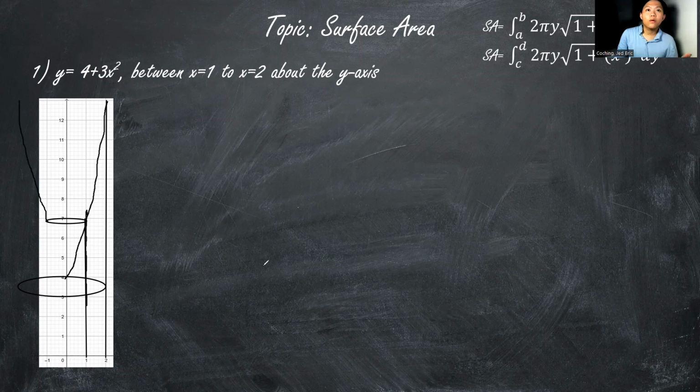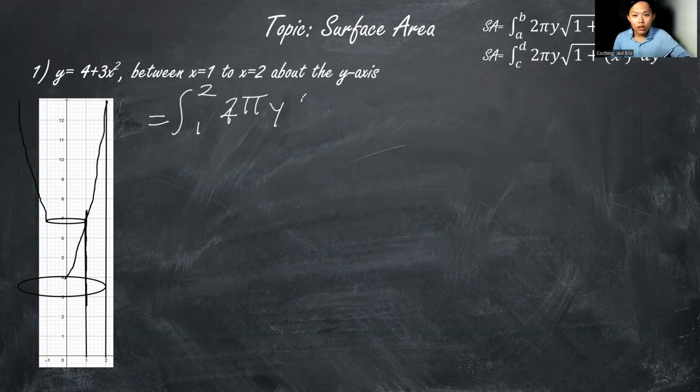So in order to solve for this, as we can remember, our limits are on x. So we'll use b and a. So it's going to become the integral from 1 to 2 of 2 pi y square root of 1 plus the derivative of y.